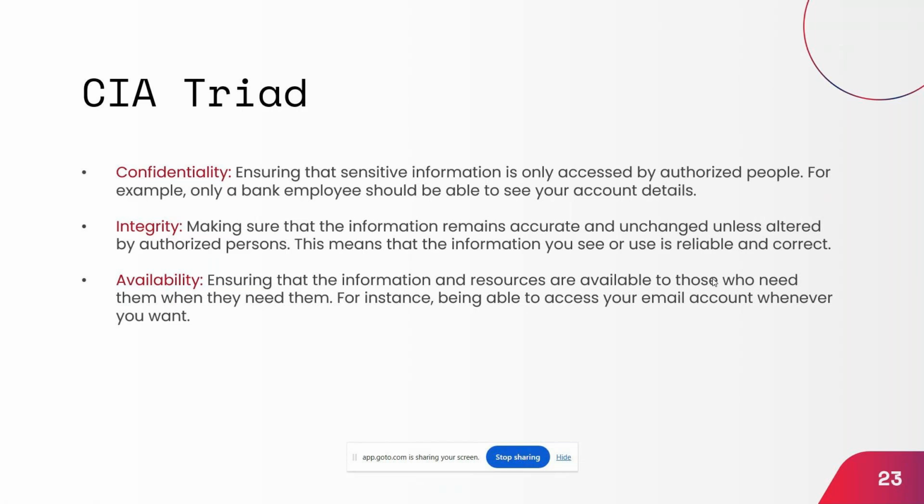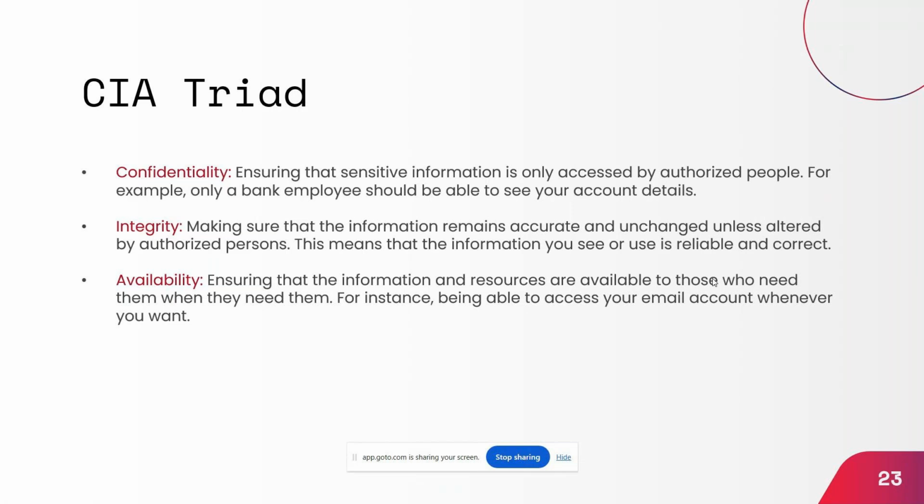Let's take an example of an organization where various people work on different projects. Say you are assigned to one project, and if you are able to access someone else's project information, that is unauthorized access. There is no proper confidentiality. So we have to make sure that only authorized people have access to the sensitive information.